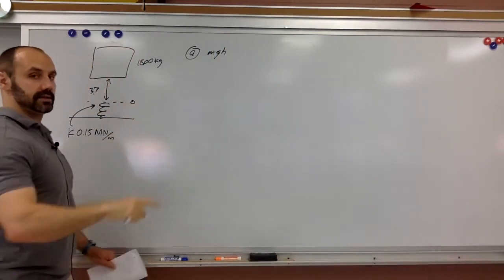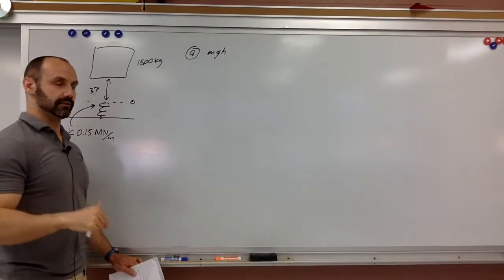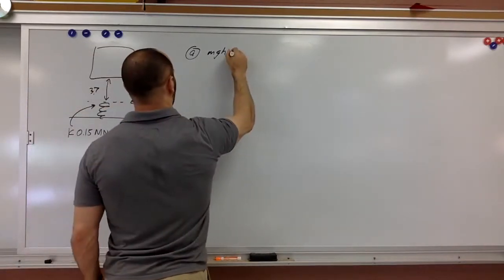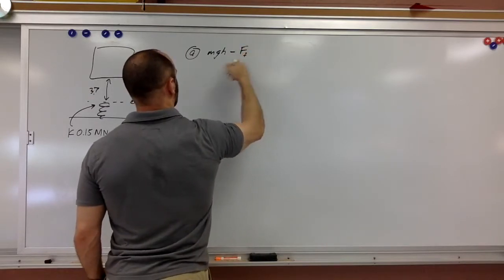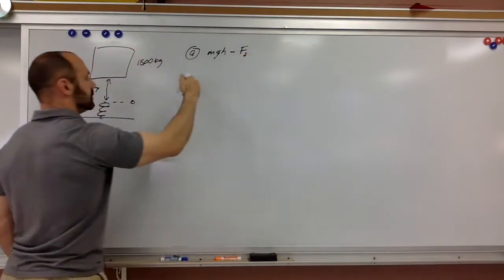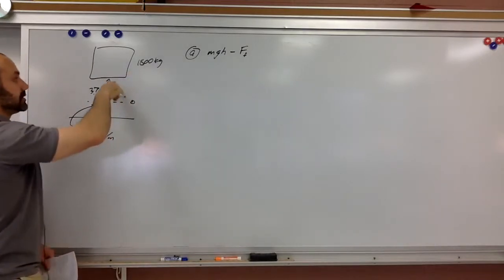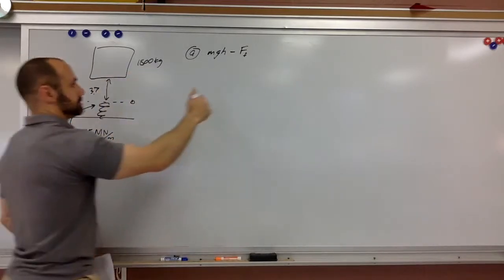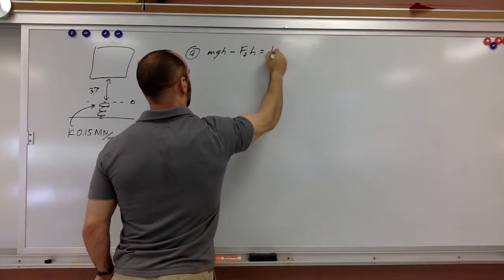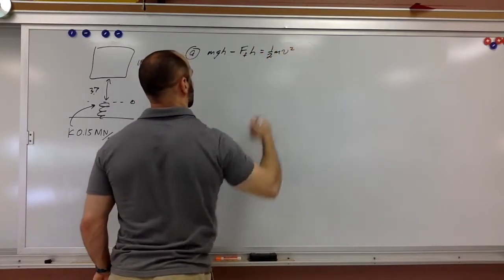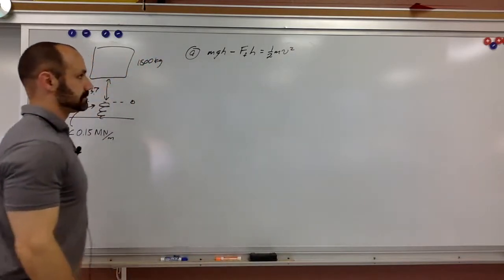Now I don't want to go right to the end yet because there's some work being done by friction. So mgh minus this force of friction, but the force is given over some distance, right? What's the distance it goes? Well, it goes the same distance, h. So minus the force of friction times the height, equals 1/2 mv squared.